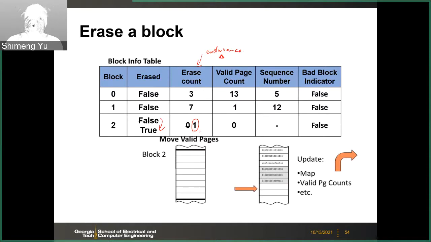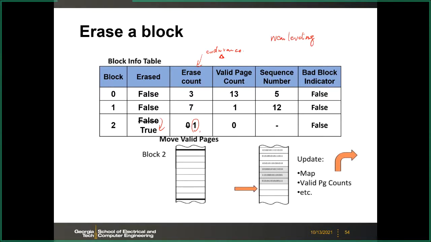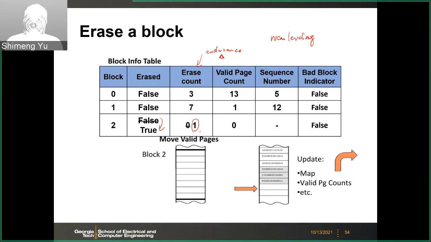As we discussed later, the Nonflash has a certain lifetime. You cannot erase too many cycles. So you have to remember how many erase cycles this block has gone through. And the FTL will also do the wear leveling. This is to distribute the program and erase operations uniformly across all the blocks. You don't want one block to be heavily erased.